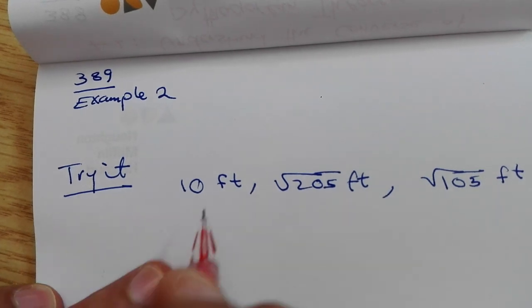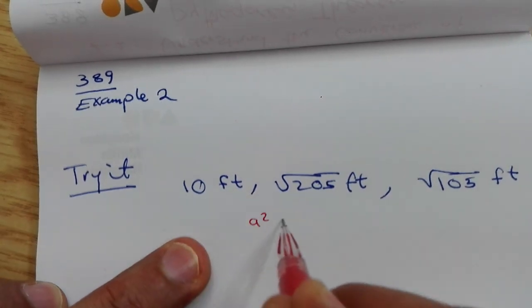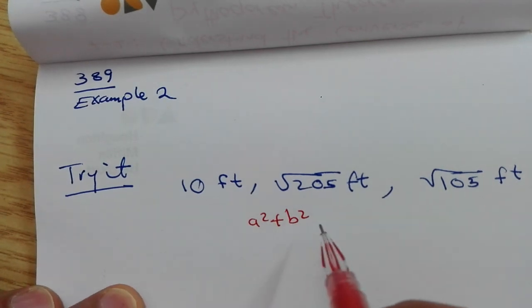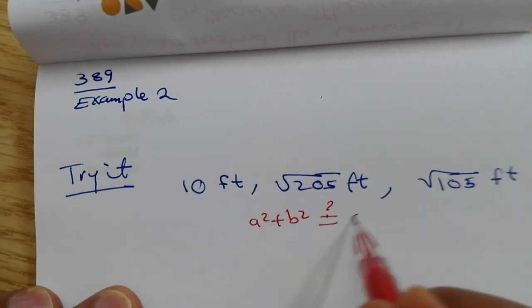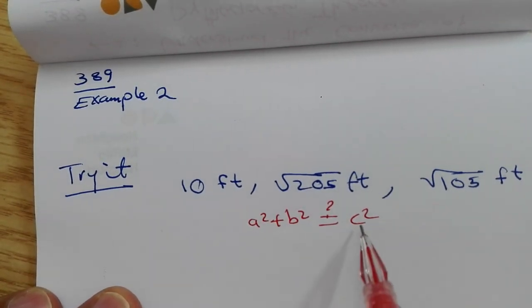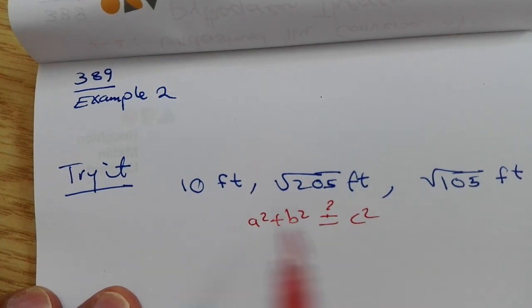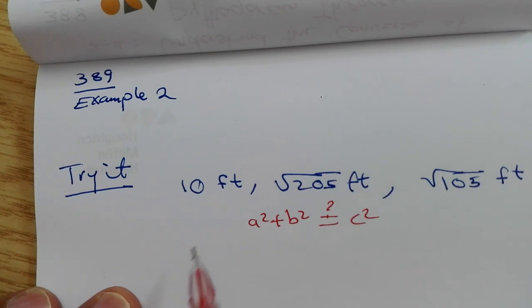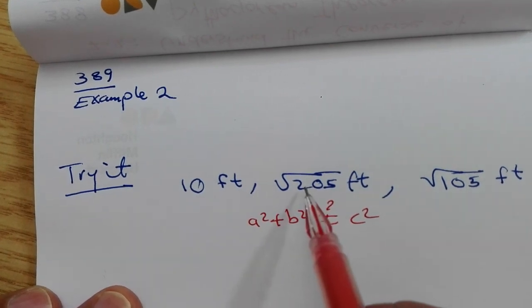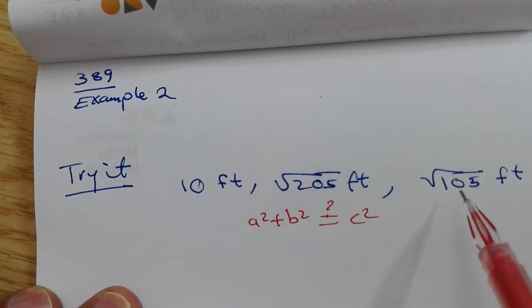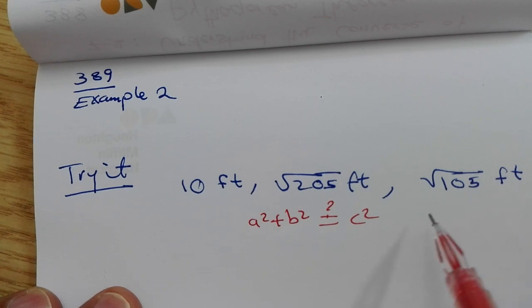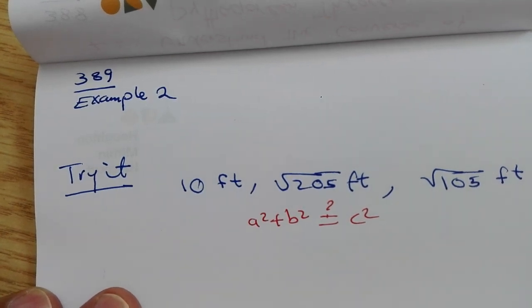Of course, we must check if A squared plus B squared is equal or not to C squared. C is the longest side, but where is the longest side? We have irrational numbers here. This is a rational number, but we have a square root here. Which is the greatest? Remember how to know which is the greatest number.